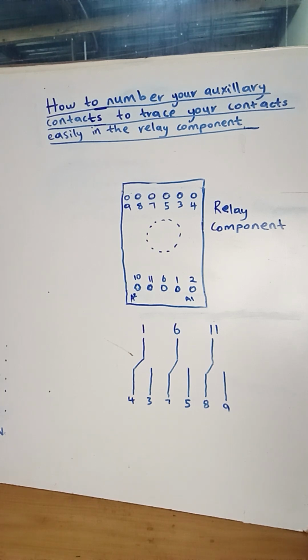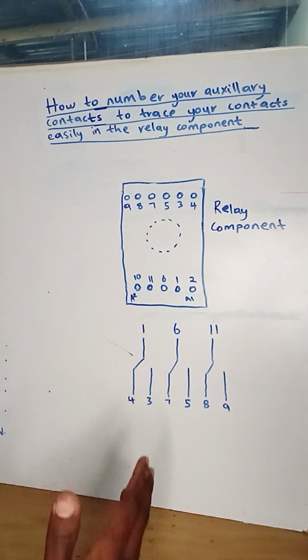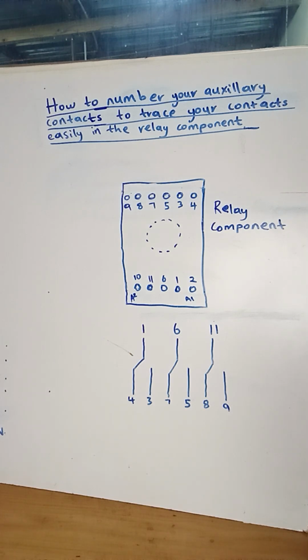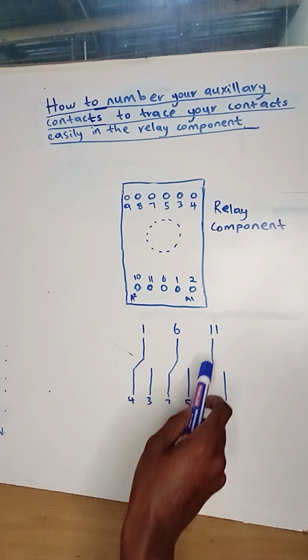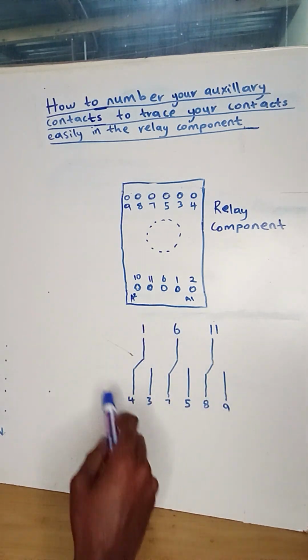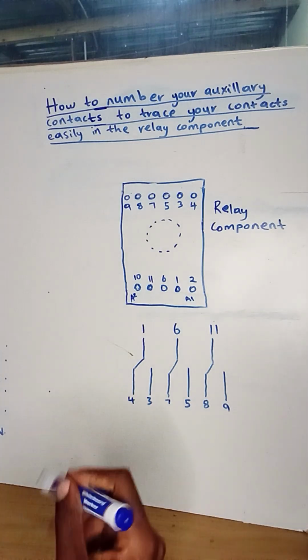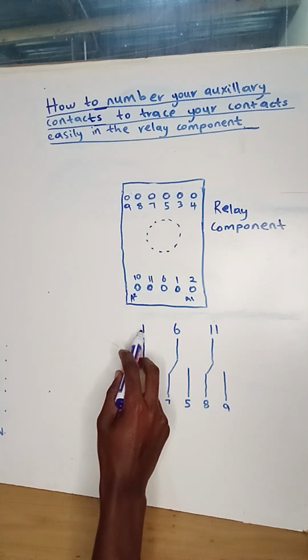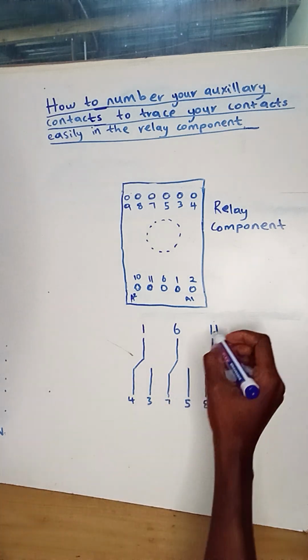Alright, from there you have your sketch for the right component that needs to be inserted in the relay component. So each sketch is like this. I'll explain what is happening in this sketch. The top three numbers, which are 1, 6, and 11, are our commons.